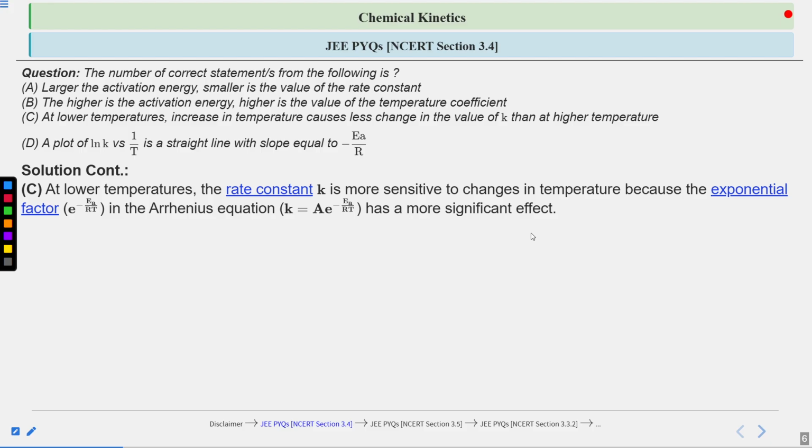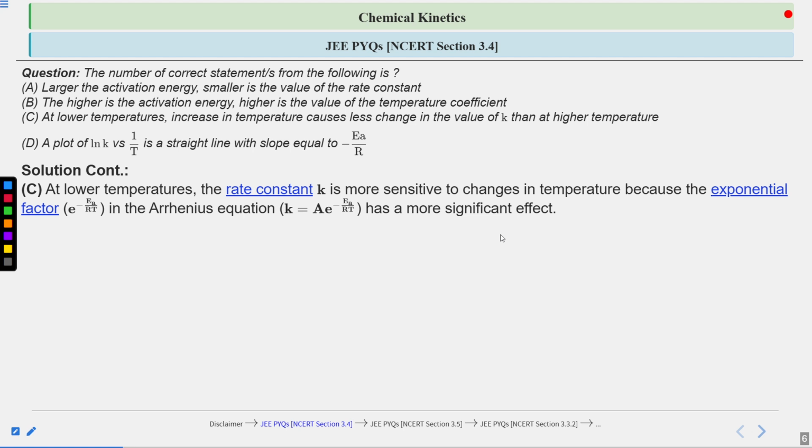So the rate constant is affected by both the exponential term, or you can say the activation energy, and the temperature. Now, if the value of the temperature is lower, the rate constant is going to be more sensitive to the changes in temperature because the exponential factor in the Arrhenius equation has a more significant effect, right?